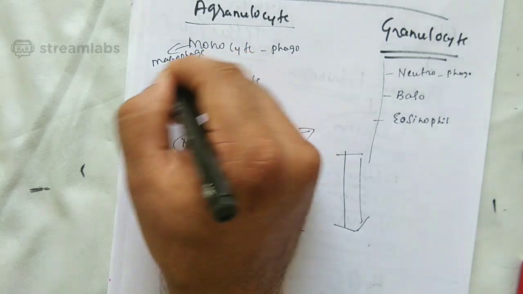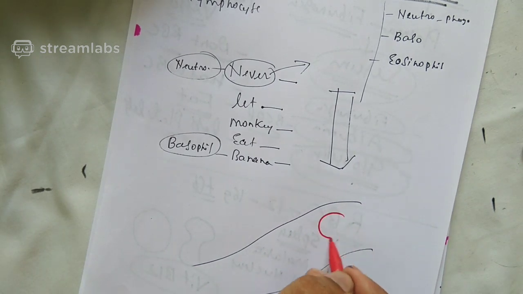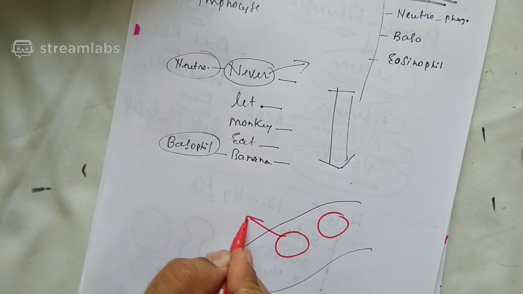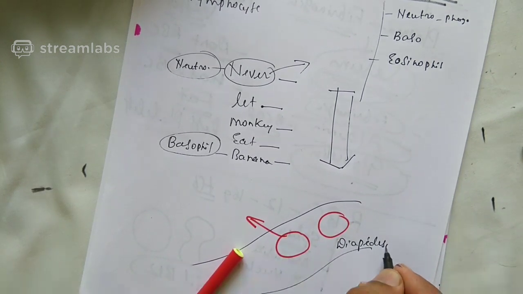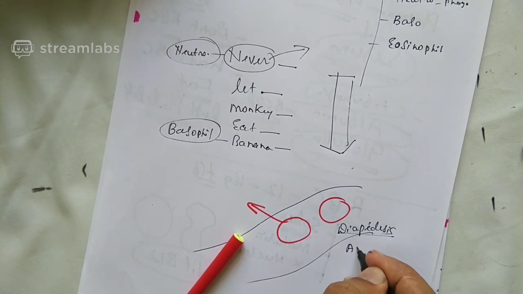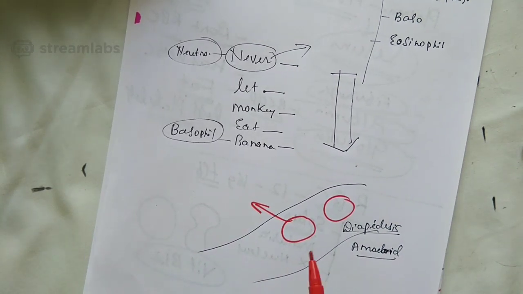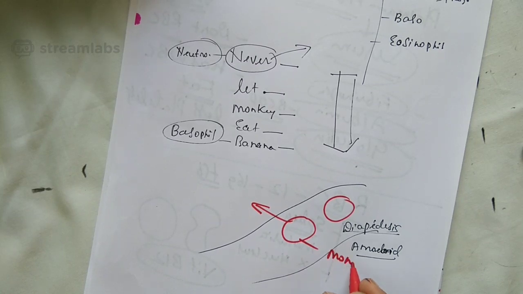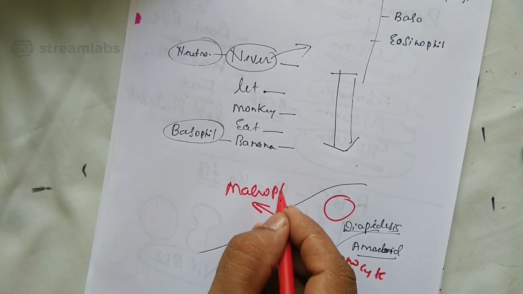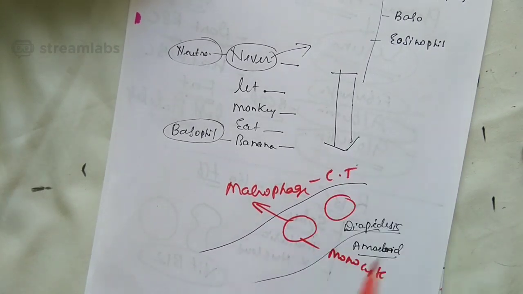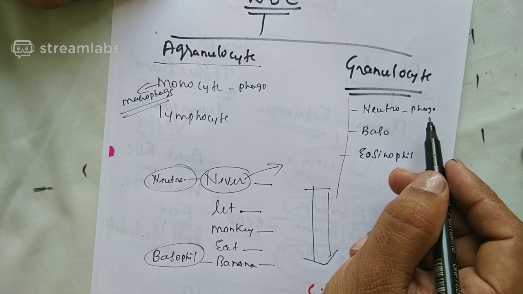So macrophage is a modified monocyte, means the monocytes moving in the blood, they'll come out of the blood by a process called diapedesis, by amoeboid movement. Then these monocytes which are present in the blood will come out and become macrophages in the connective tissues. Okay, so monocytes are phagocytic in nature, I told you. Neutrophils are phagocytic in nature.